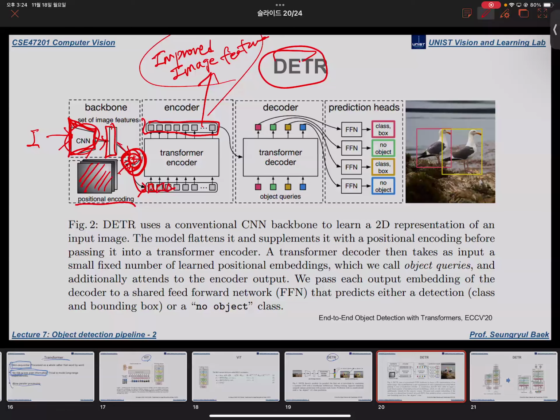And this part is similar to the NLP domain.